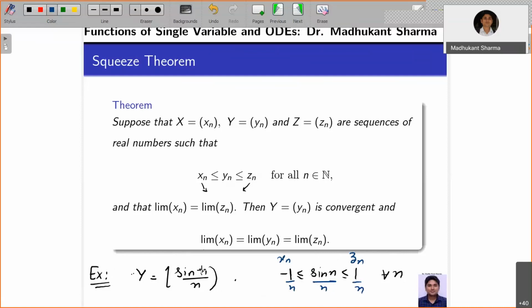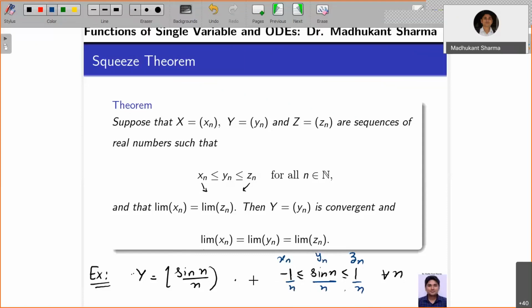You have used the fact that sin n is bounded between -1 and 1. Then you divide by n, and you have the comparison again: xn is less than or equal to yn, less than or equal to zn. Now xn is tending to 0 and zn is also tending to 0. So certainly the sequence in between, sitting here, should also tend to 0, and that is guaranteed by this sandwich theorem.